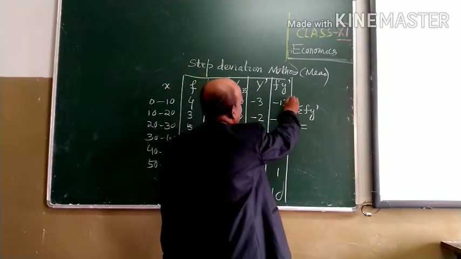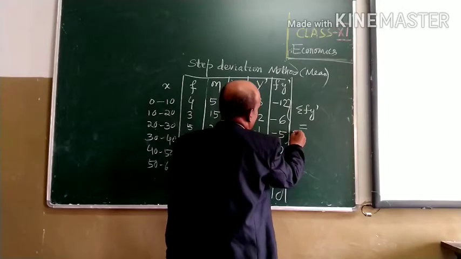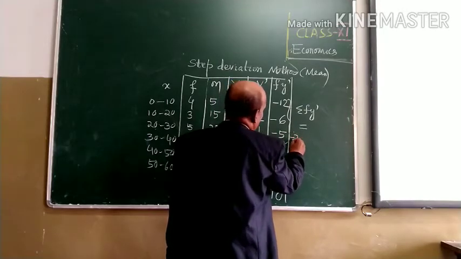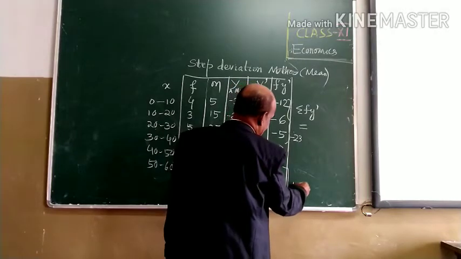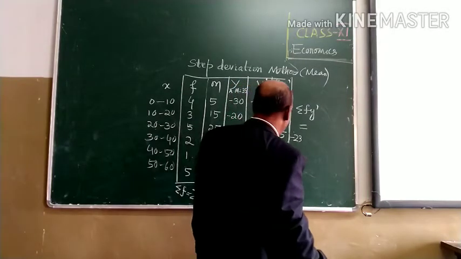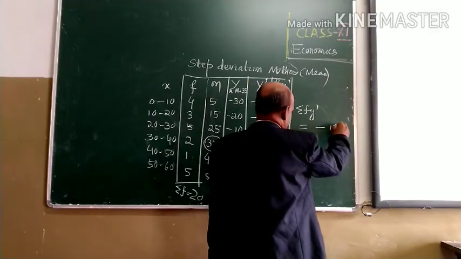The negative values total minus 23, and the positive values total 11. So in total you got sigma f y dash equal to minus 12.